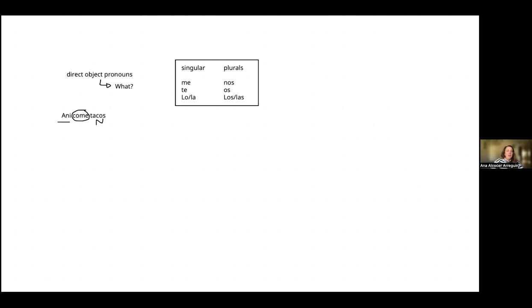So there are different places for the placement of these direct object pronouns. You have three places. Before the conjugated verb. There's always going to be a conjugated verb in a sentence, right? There's always an action in a sentence. Before the conjugated verb, attached to the infinitive.